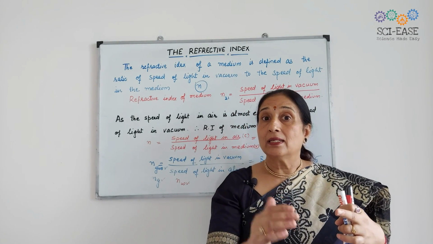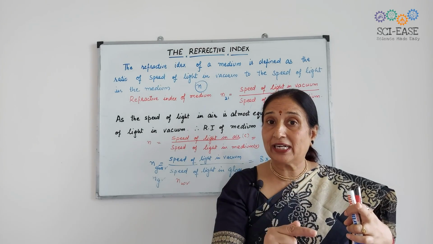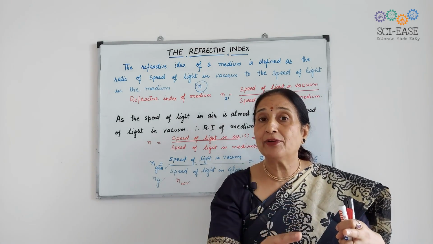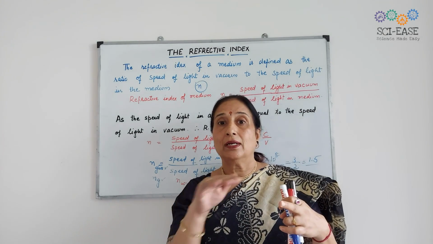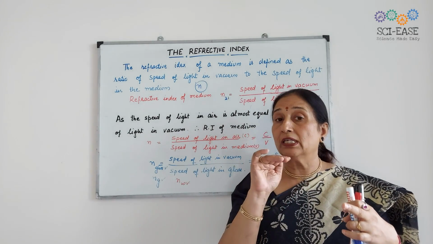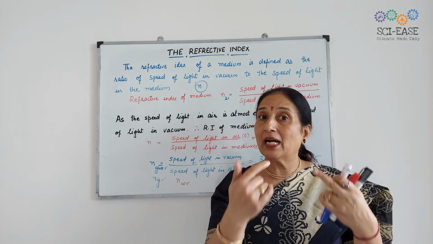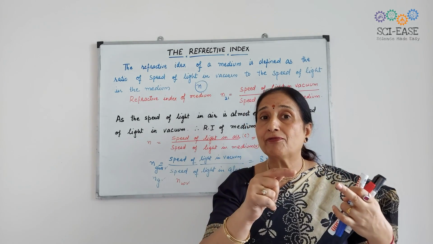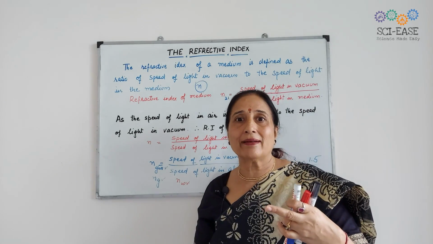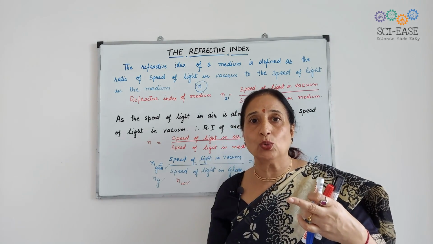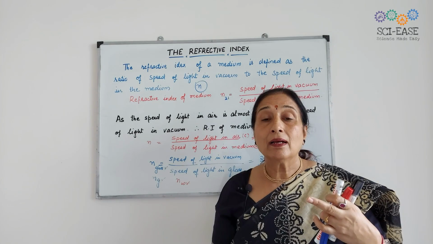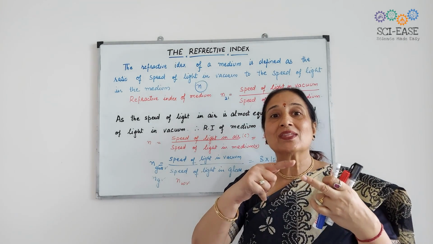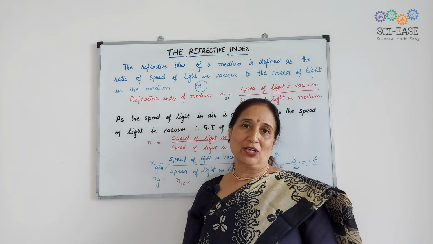But when this refracted ray becomes the incident ray and strikes the second face of the glass slab, and travels from denser to rarer medium, that is from glass to air, then in the air the speed is fast, so the ray will bend away from the normal.